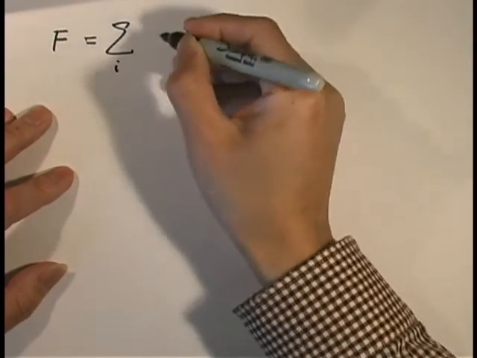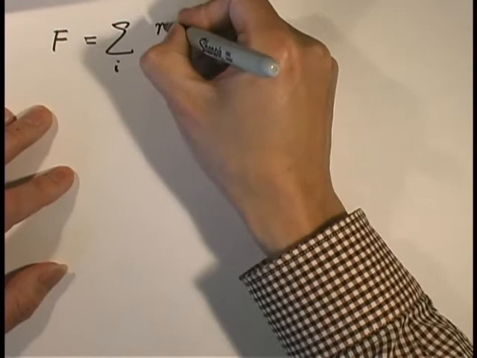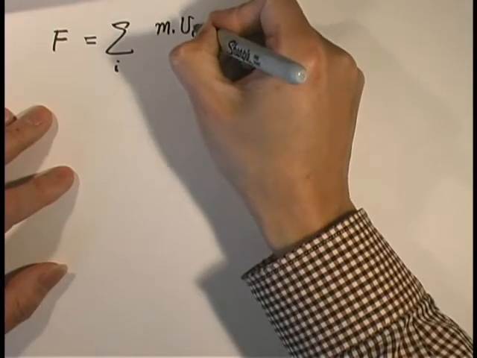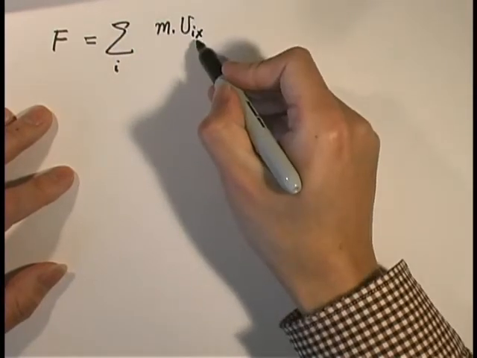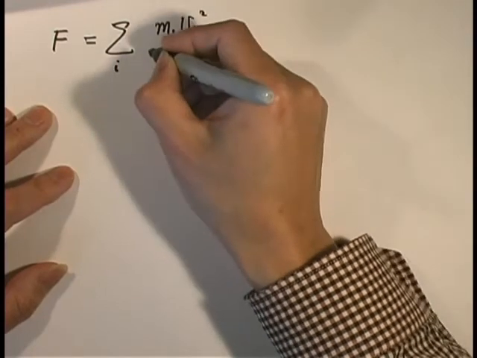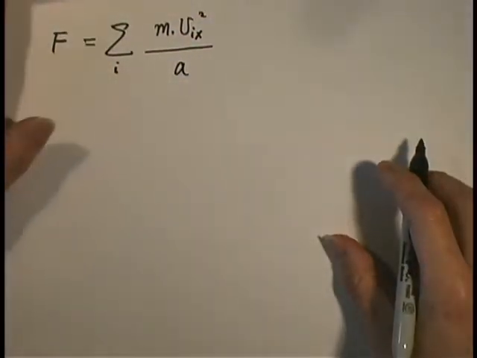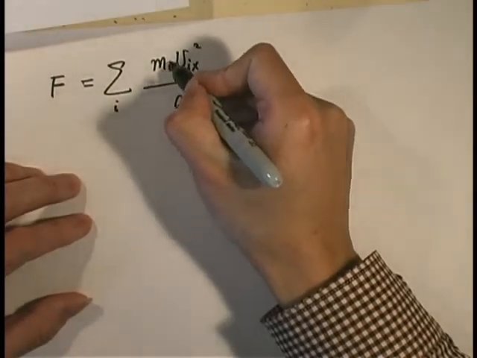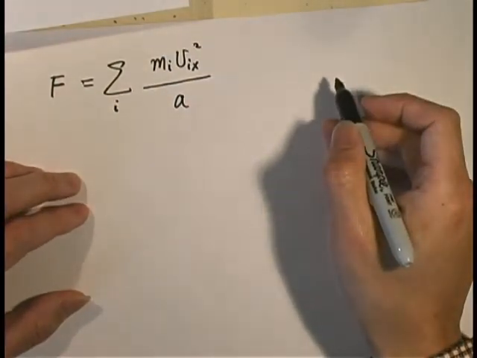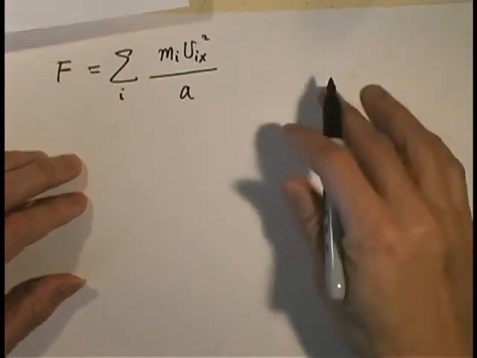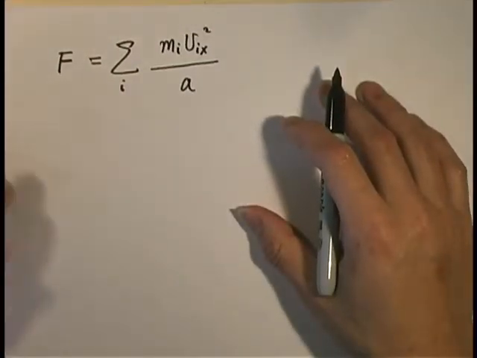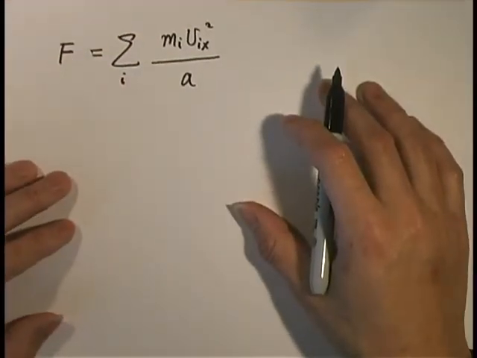Each molecule, I use a subscript i to denote, is m_i v_ix squared, where v_ix is the x component of the ith molecule's speed, divided by a, right? All right. Now, this is the force exerted on the wall perpendicular to the x direction.